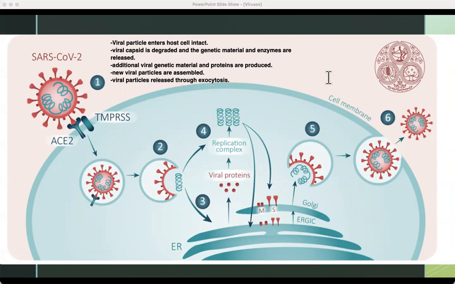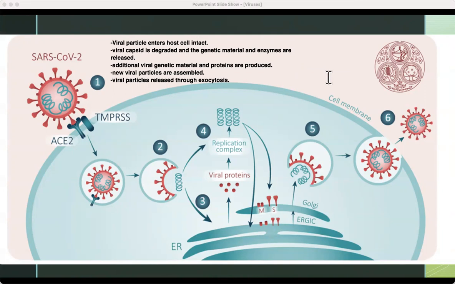So just an overview of the entire virus presentation. You need to understand the basic components of a virus, meaning the capsid, which is made of proteins, the genetic material, which can be DNA or RNA, and the occurrence of an envelope in some viruses, and then glycoproteins that help them recognize the host cell.